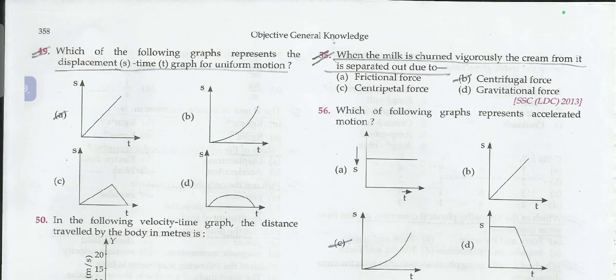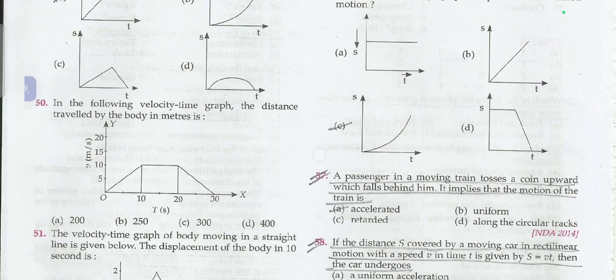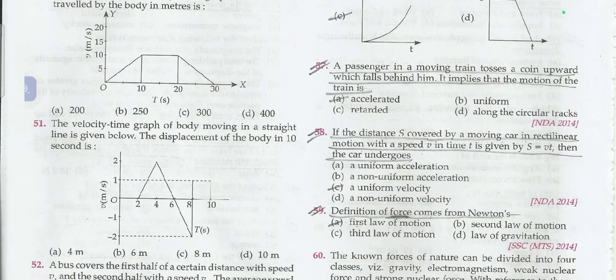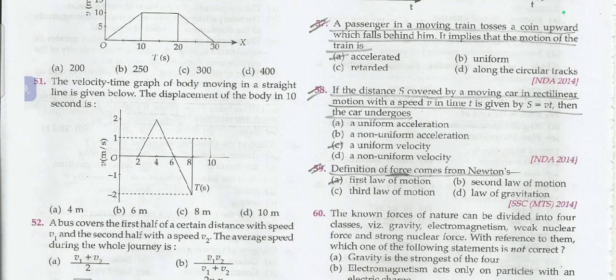Answer is A. In the following velocity time graph, the distance traveled by the body in meters is, answer is 200. The velocity time graph of a body moving in a straight line is given below. The displacement of that body in t seconds is, answer is 6 meters.